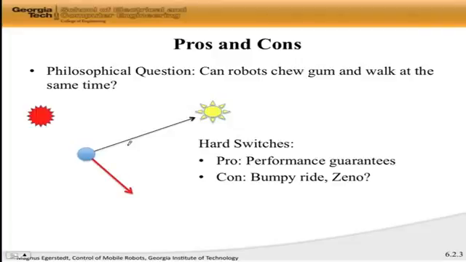Or if we're only trying to go to a goal, then we've designed our controller to be asymptotically stable so that we can trust that we end up at the goal. So the benefit with doing hard switches is that we can trust these systems, that they are doing what they were designed to do from a performance guarantee point of view.